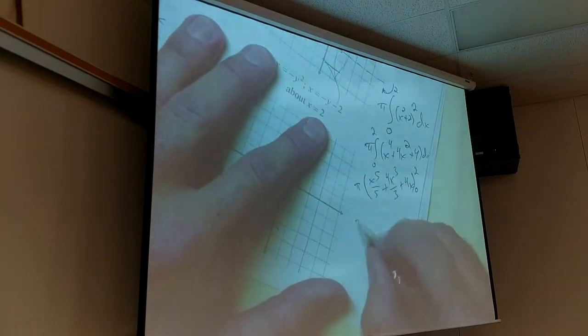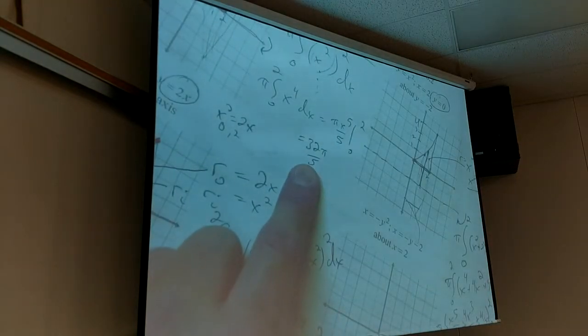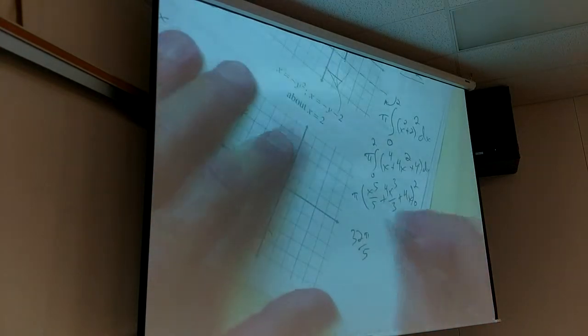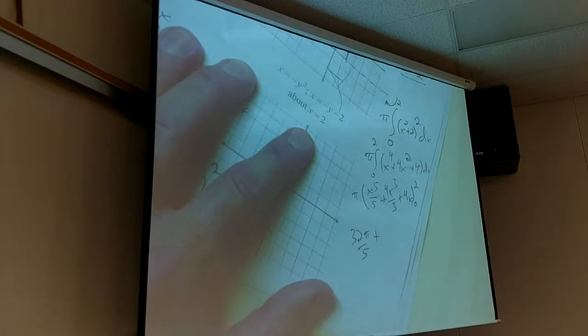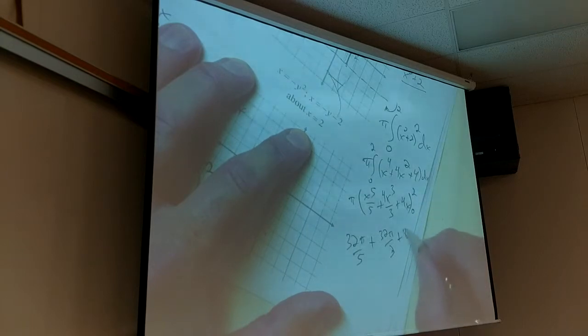So I get 32 pi over 5, which is the answer for the previous one, right? That's interesting, it just happens on this problem. Plus some more, because I've rotated it in a bigger fashion. I'm getting more volume now. Plus, what is this? 32 pi over 3 plus 8 pi.